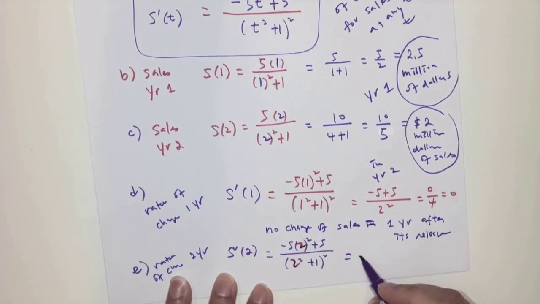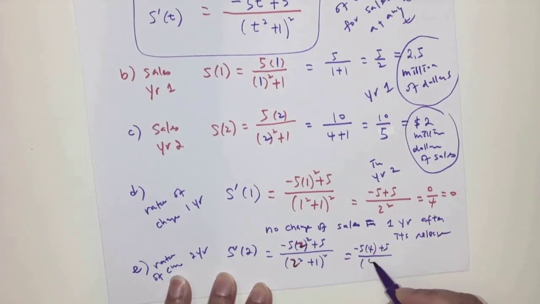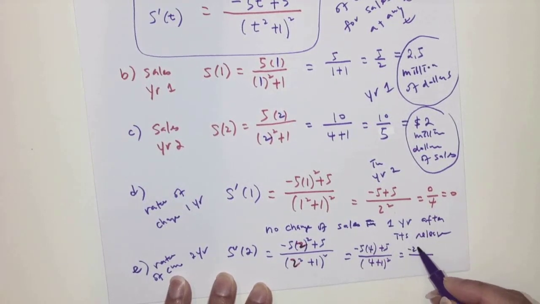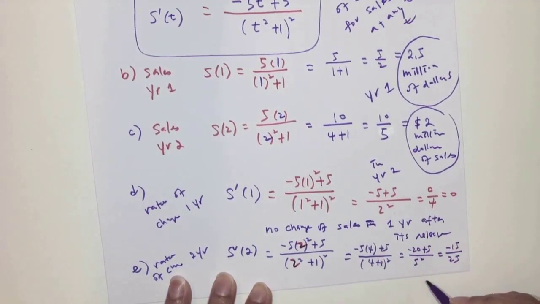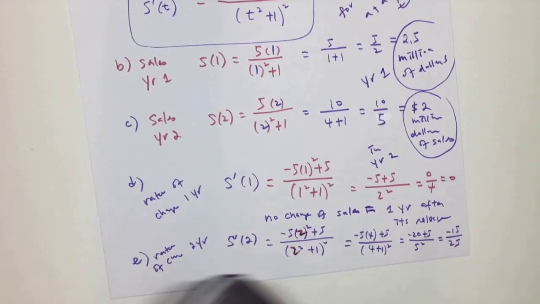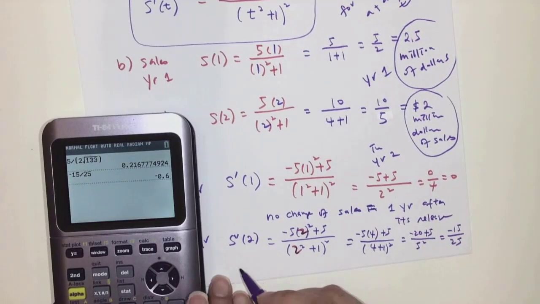That is going to give me a negative 5 times 4 plus the 5. At the bottom we have 4 plus 1 perfect square. So that would be negative 20 plus 5. This is 5 squared. And that would give me a negative 15 over 25. If you use your calculator, negative 15 divided by 25 is going to be a negative 0.6.